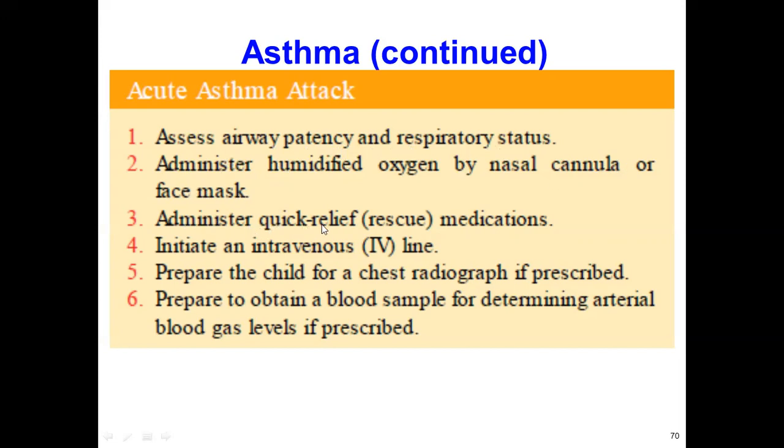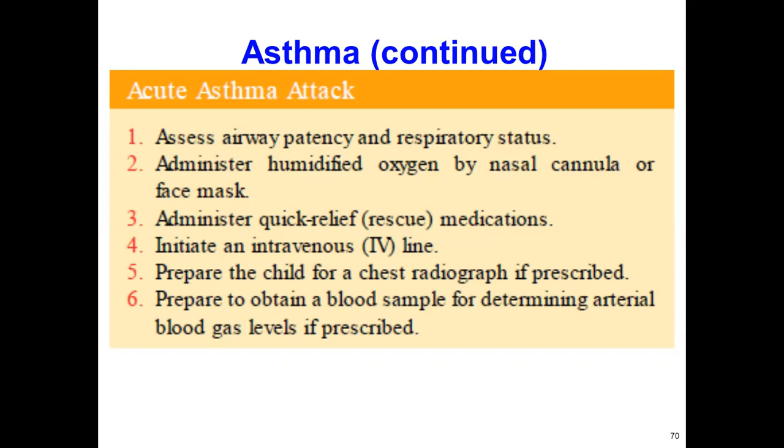Administer quick relief medication. Initiate an intravenous line. Prepare the child for a chest radiography. Prepare to obtain a blood sample for arterial blood gas analysis.